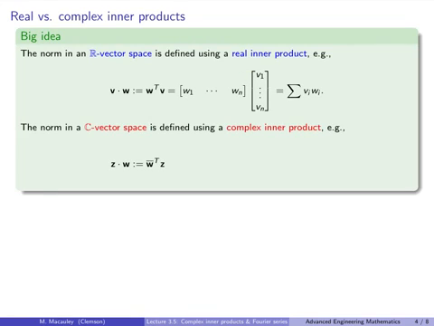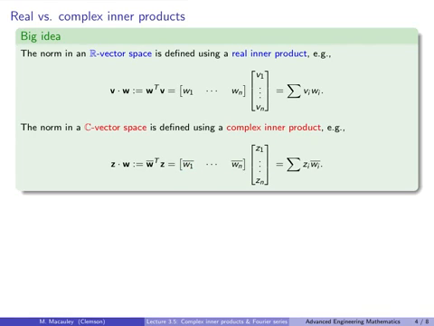Now compare that to the norm in a C vector space. That's actually defined using what we're going to call a complex inner product. An example of that we saw is z dot w. Now when I say dot, it's assumed that we are in a C vector space because we define things differently. We're going to define this as w conjugate transpose z. So take w, put it on its side, put conjugates in every entry, and multiply that by z.